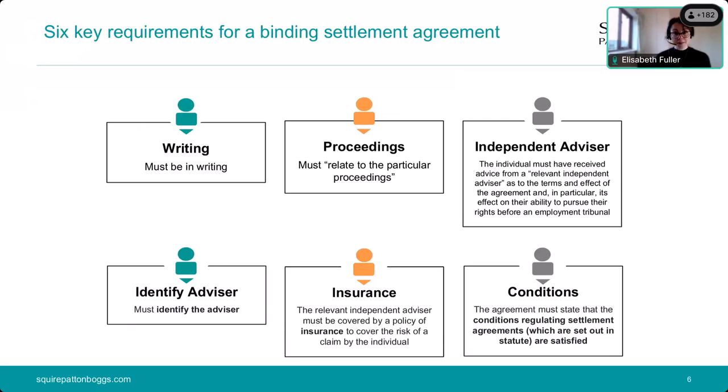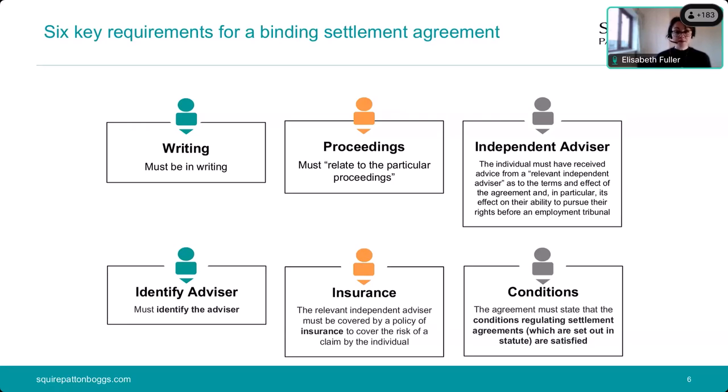Provided that the agreement incorporates the whole terms that have been agreed between the parties, whether that's financial terms, such as an agreement to pay notice pay or an ex gratia payment, non-financial terms, such as terms relating to the continuation of restrictive covenants, or cosmetic terms, such as the provision of a reference or an announcement, then the agreement should do the job.